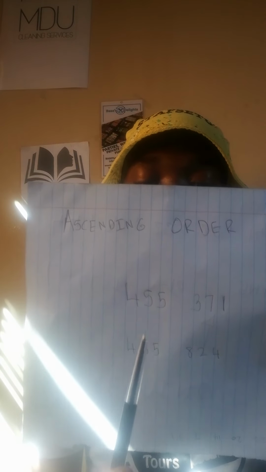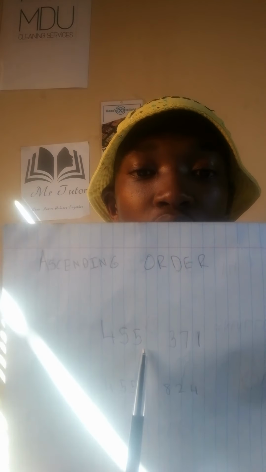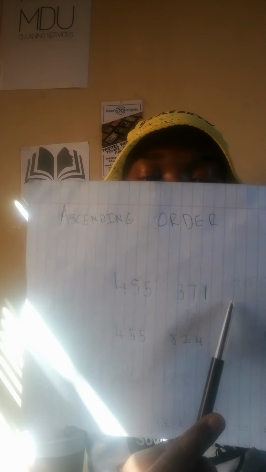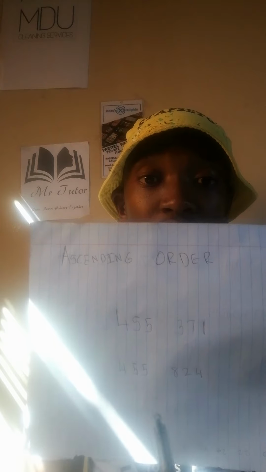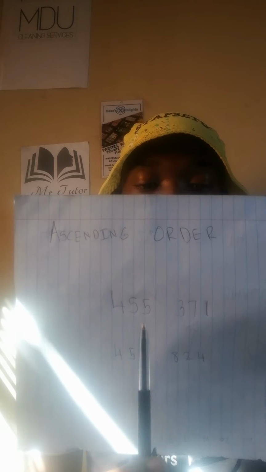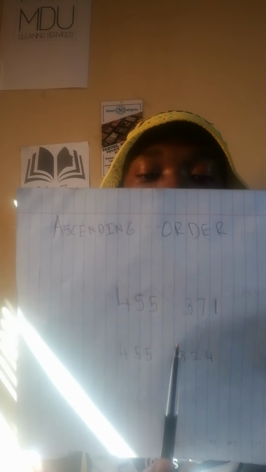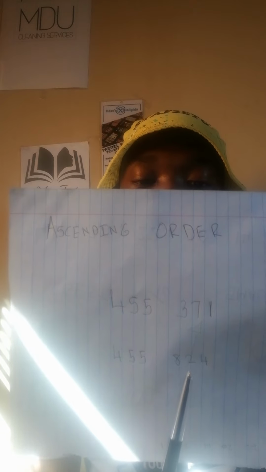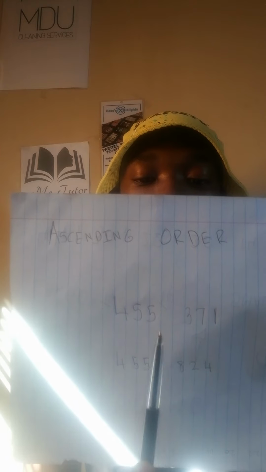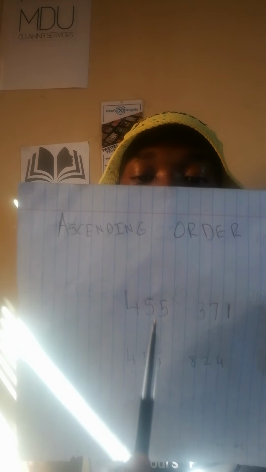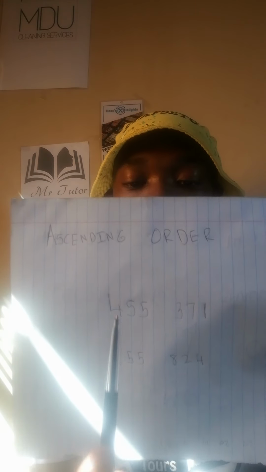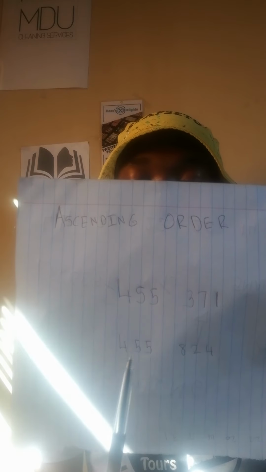Between these two, it is quite clear that this number at the top here is the smallest one. So you're going to start with this number, and if there are any numbers in between, I'm going to show you that activity again. I'm going to send it to you after this lesson, so you can see what I'm talking about. Before you start compiling your number pattern, you must first identify that in these two numbers the first three digits are the same, so you cannot see which one is bigger or smaller.